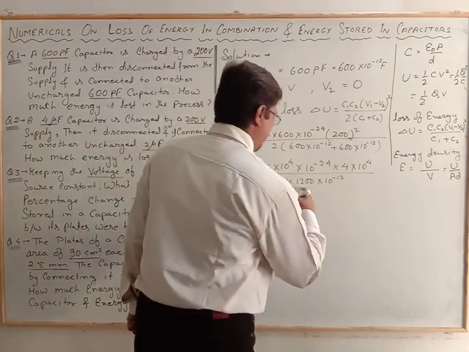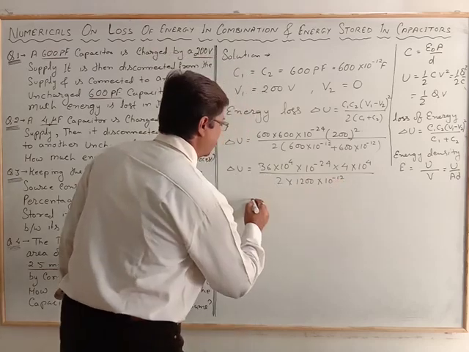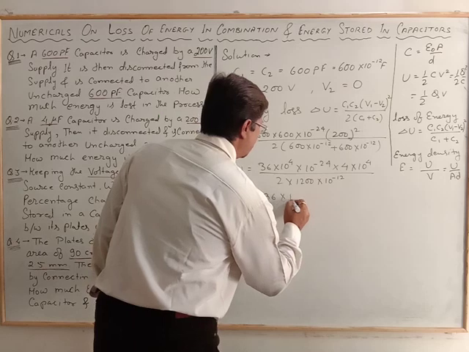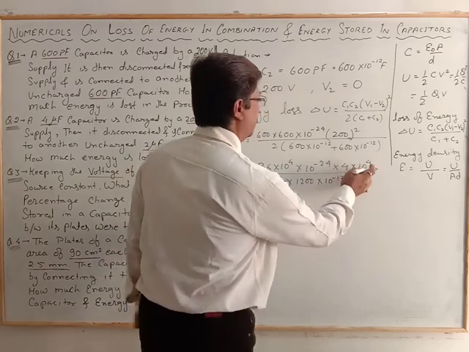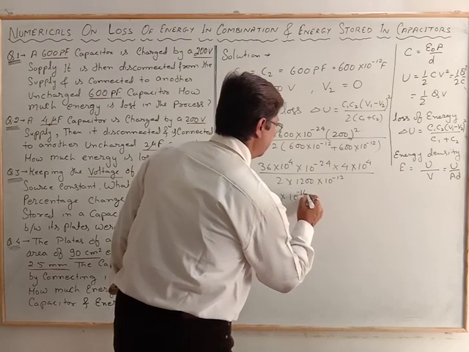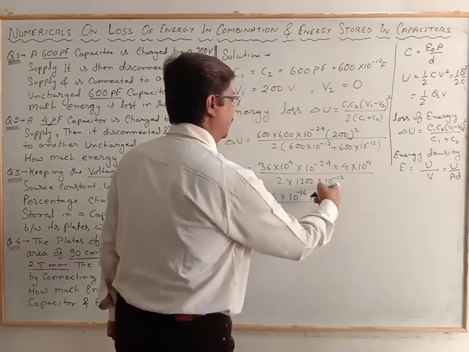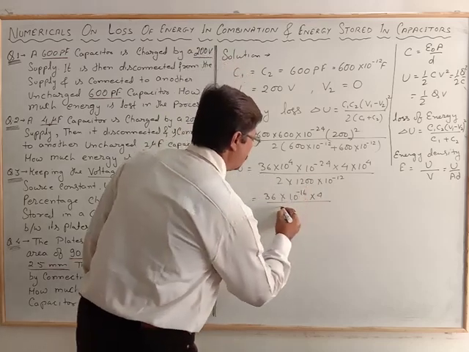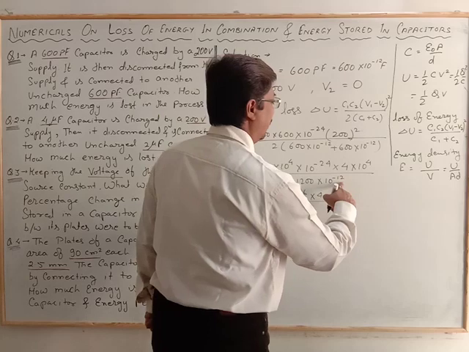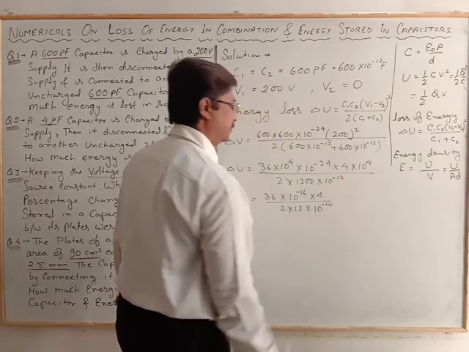So it may be written as 12 into 10 to the power minus 10, and finally the result is 10 to the power minus 16 into 4 by 2 into 12 into 10 to the power minus 10.